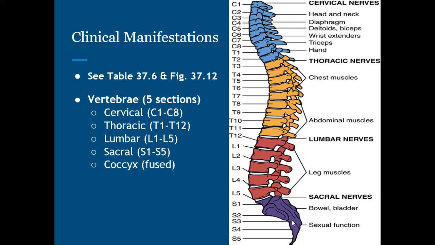Thoracic injuries often result in paraplegia and can include poor trunk control, and lumbar and sacral injuries result in decreasing control of legs, and bowel and bladder function. Sexual function too can be variable depending on each person and the injury.